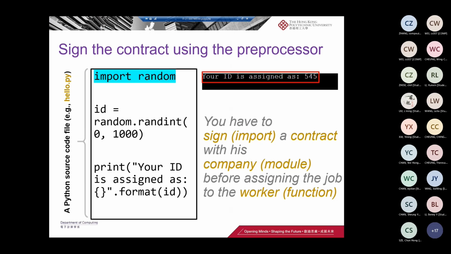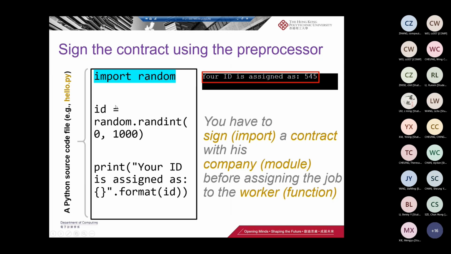This is like writing a program by assigning each person a job. So here we hire someone from a random company, and then ask him to give us a random number. And then I will save that number here in ID.